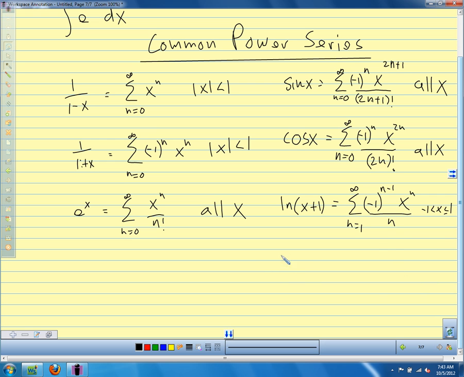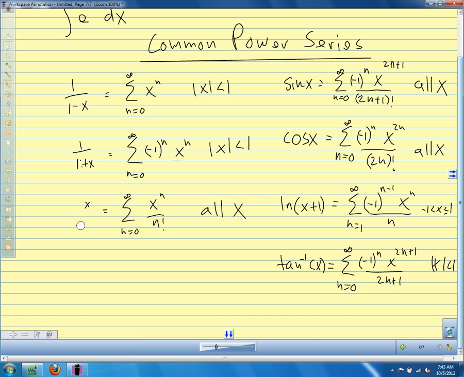And we also did the inverse tangent, and that's for absolute value of x less than 1. So these power series get used a lot for various things.